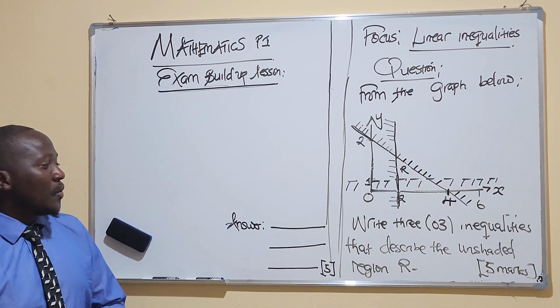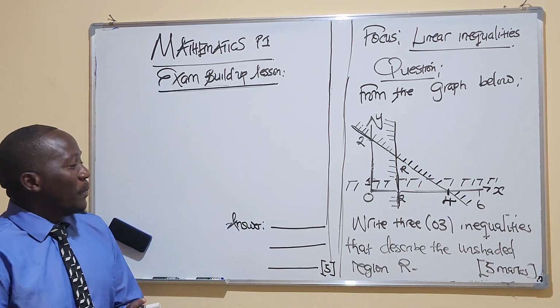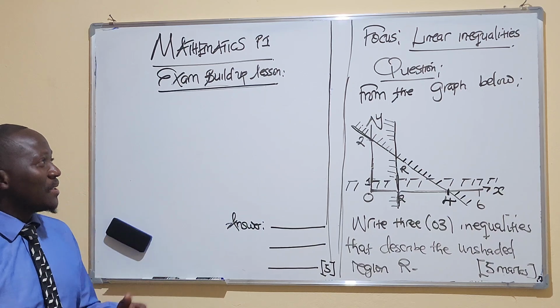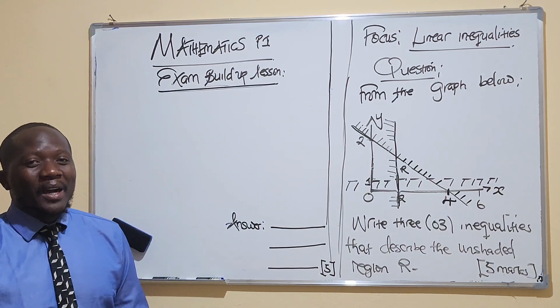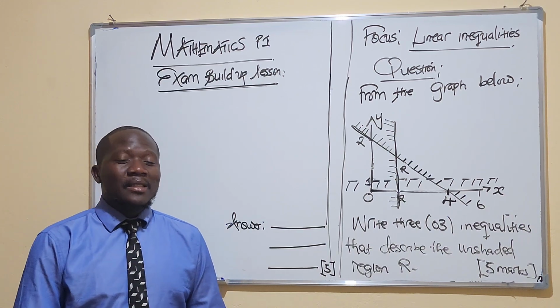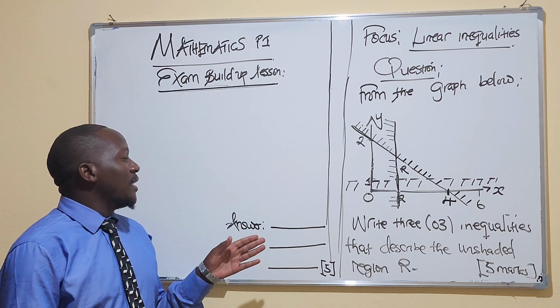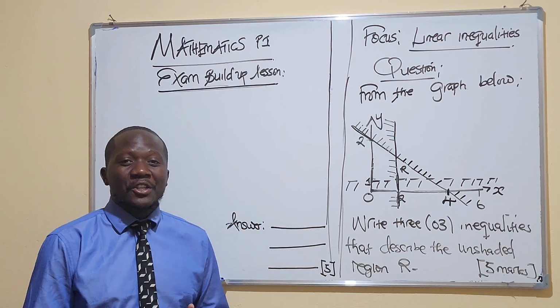We're going to embrace one of those important regular concepts, and our topic in today's discussion is linear programming. We're going to target a part of linear programming which covers linear inequalities. This is where a diagram is brought with lines that create the unshaded region.